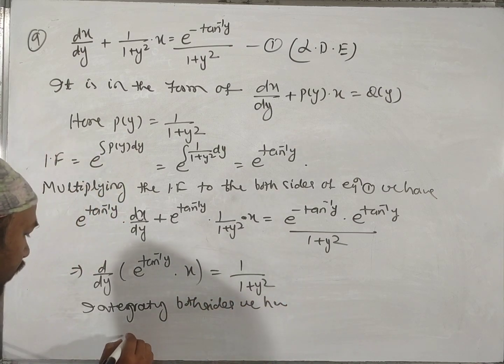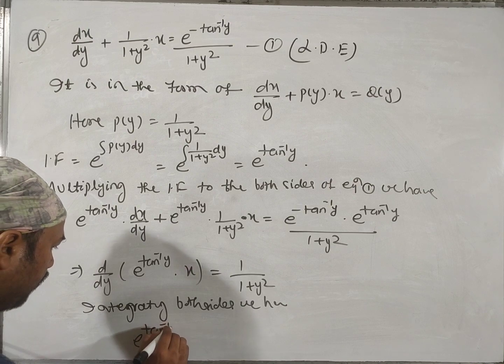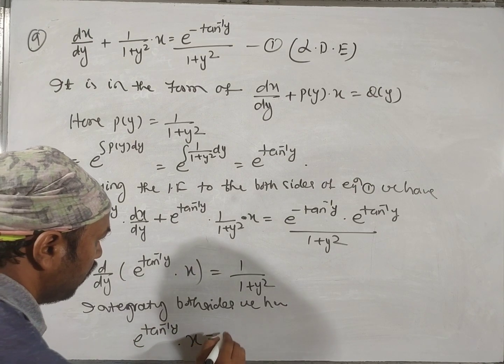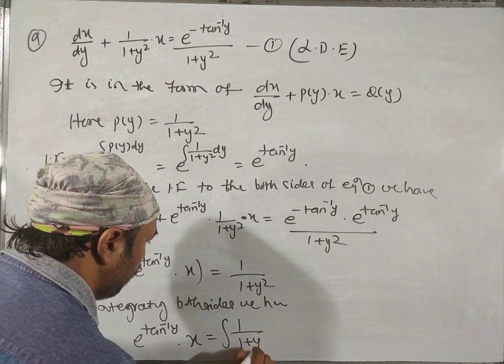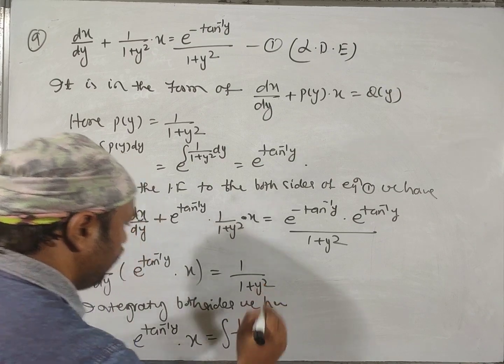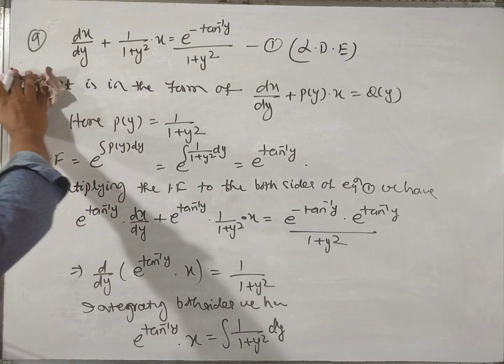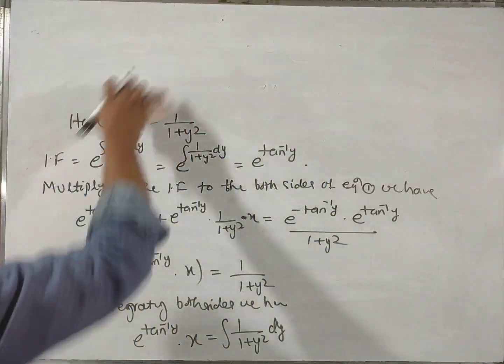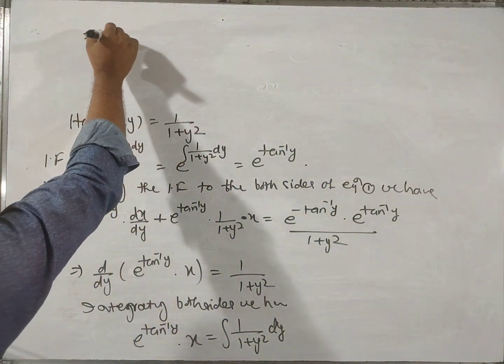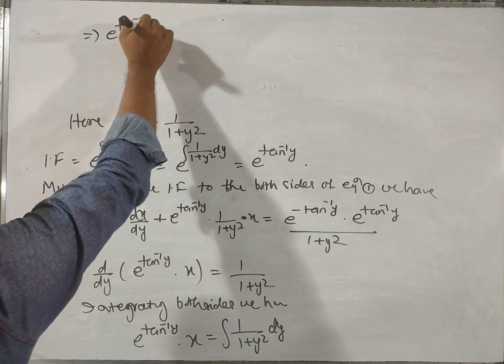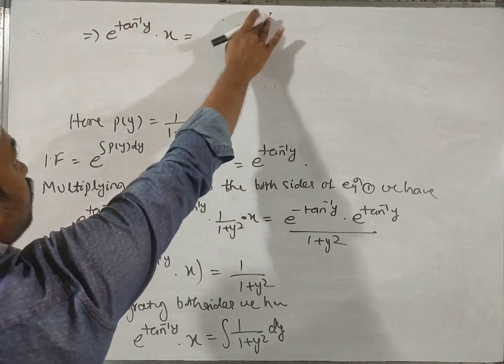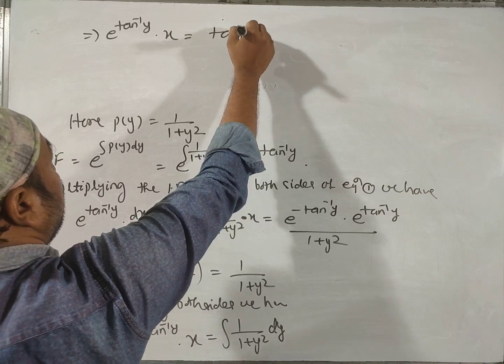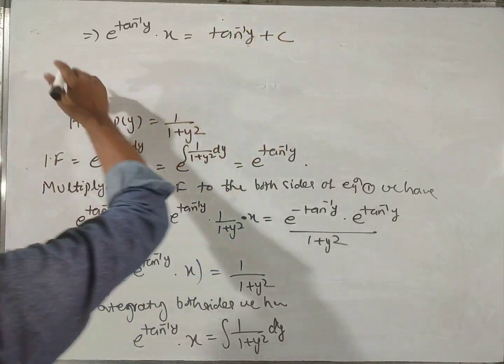we have e to the power tan inverse y into x is equal to tan inverse y plus c.